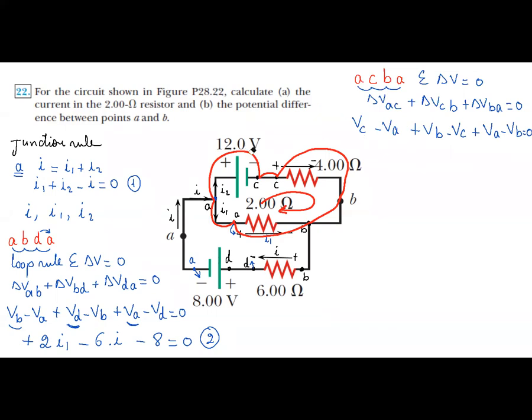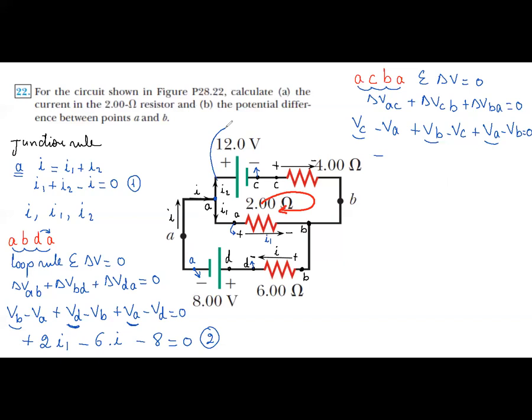Now we have to look at the first one, this one, this one, and this one. We are going from A until A clockwise. I take from A to C. C is at the negative side, so here we have minus.